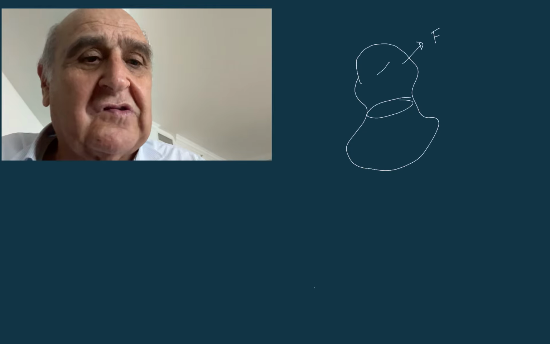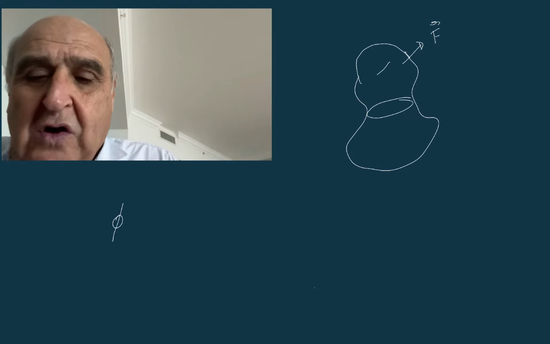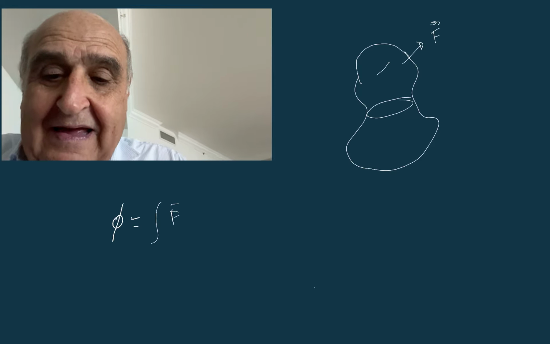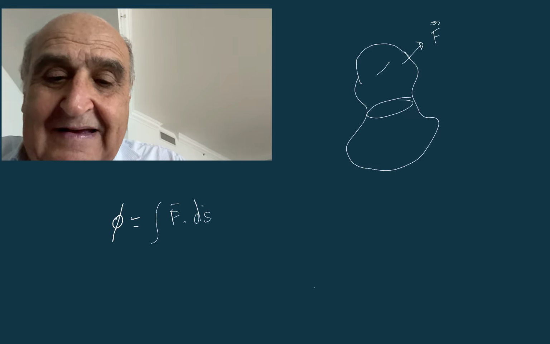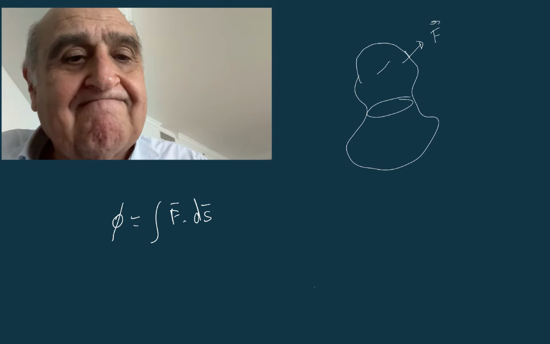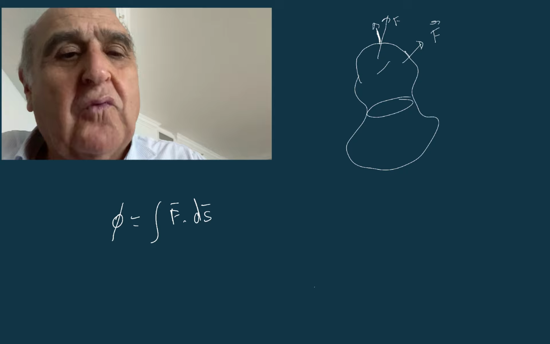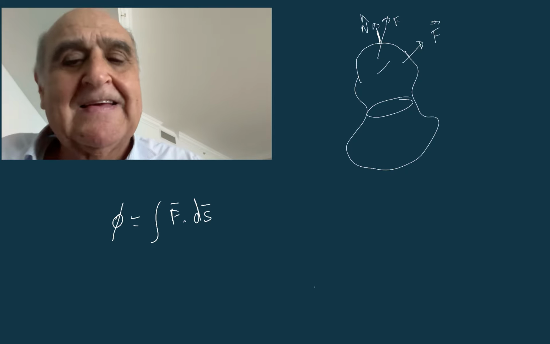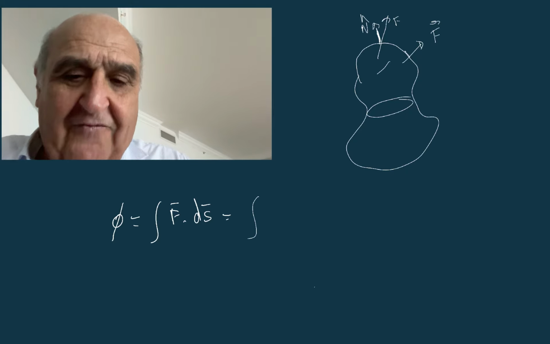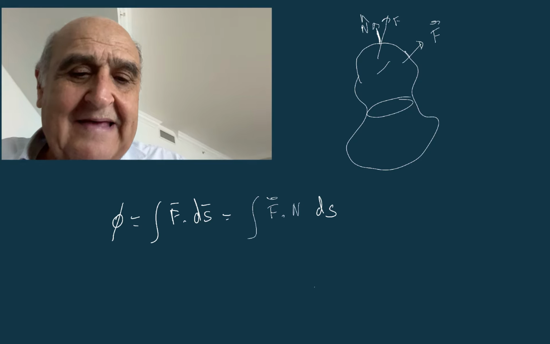There is a flux, F scalar dS. So the flux of the vector field F scalar dS, if F goes in this direction and the normal of the surface goes in this direction, so F scalar n dS.